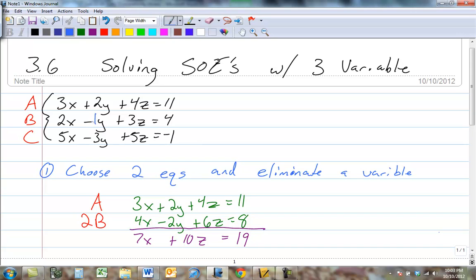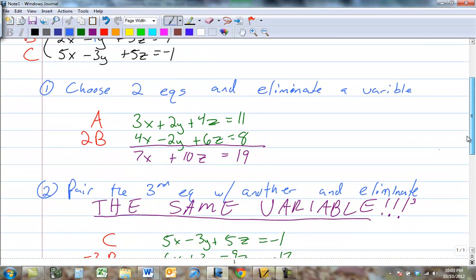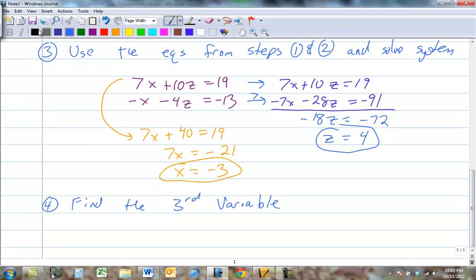I don't know about you, but if I can avoid it, I don't like messing with negatives. So I'm going to go with equation A. Equation A is 3x plus 2y plus 4z equals 11. So I'm going to plug in the stuff that we found from x and z.